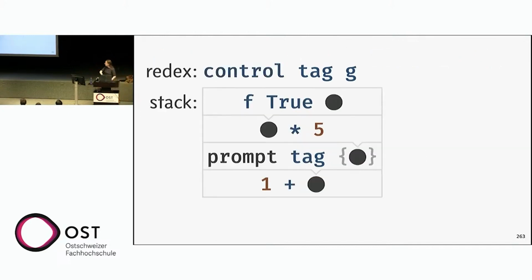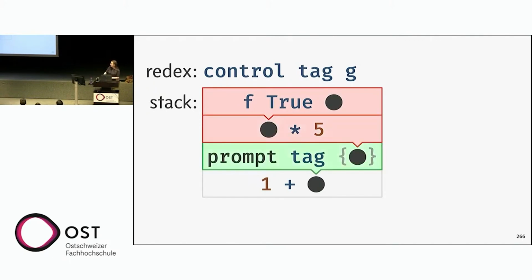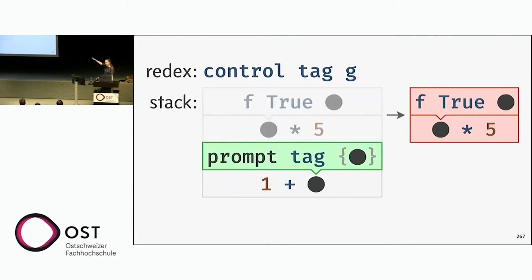So if we imagine some kind of abstract machine, and now for the first time in this talk we're going to discuss some actual operational details, where the redex is this control operation and the stack looks like this, then what actually happens? All we have to do is walk the stack to find the prompt. We start with this frame, that's not the prompt, look at this frame, that's not the prompt. Here we found the prompt, and now the frames highlighted in red, all we have to do is copy them into the heap.